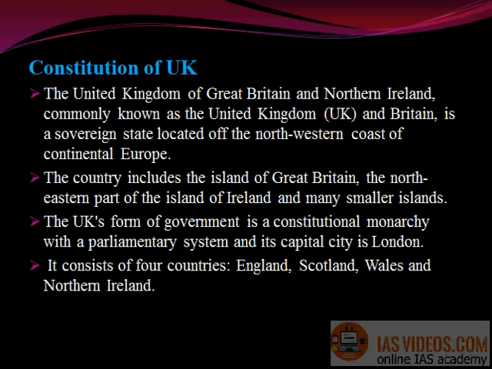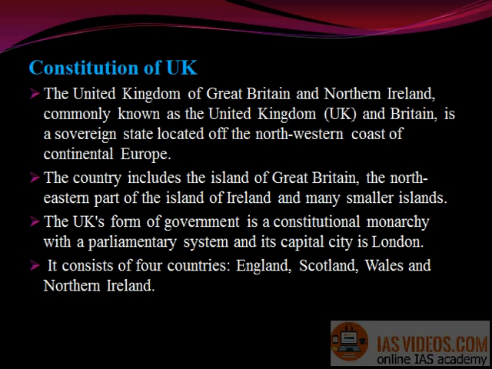Constitution of UK. The United Kingdom of Great Britain and Northern Ireland, commonly known as the United Kingdom, UK, and Britain, is a sovereign state located off the northwestern coast of continental Europe.